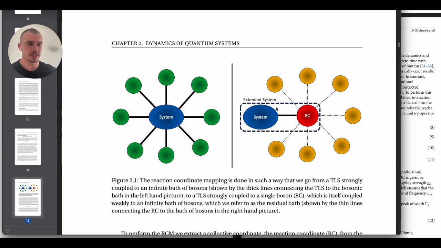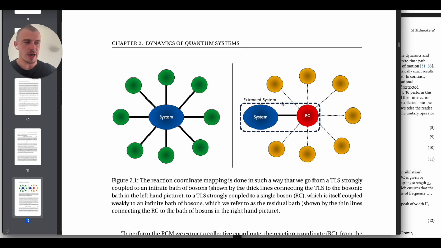Now what's really interesting about the reaction coordinate mapping is that the coupling strength between the reaction coordinate and the residual environment is completely independent of the original coupling strength between the two-level system and the full environment.